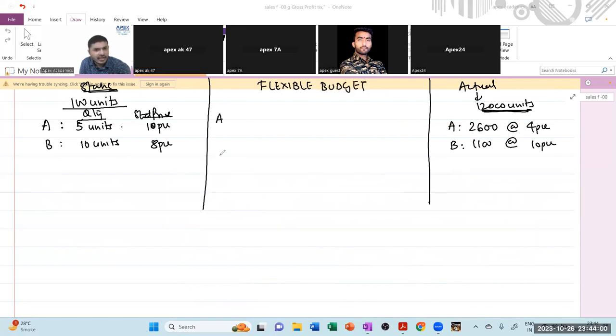Flexible budget for A and for B will ask similar questions. What are those similar questions out of A that I'm asking? I repeat, 100 units बनाने के लिए A के 5 लगे, तो 12,000 बनाने के लिए A के कितने लगेंगे? The answer to this is 600. But at the end of the day, my dear friends, this is budget.